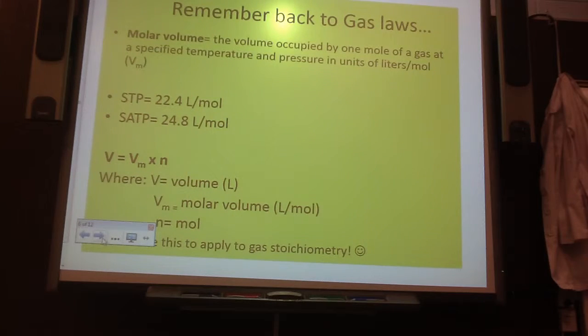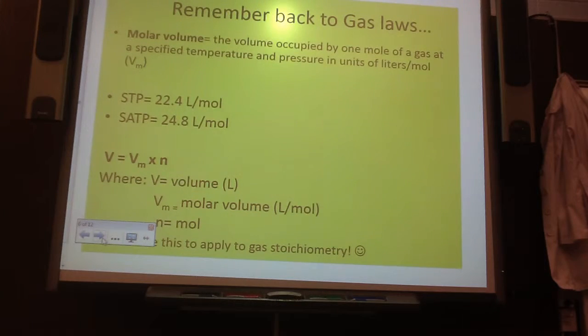Now the two that I gave you, and you spent some time and you memorized these actually, remember a couple months ago? STP was 22.4 liters per mole. SATP is 24.8 liters per mole.